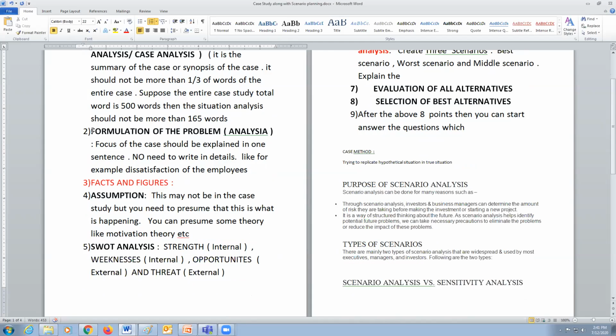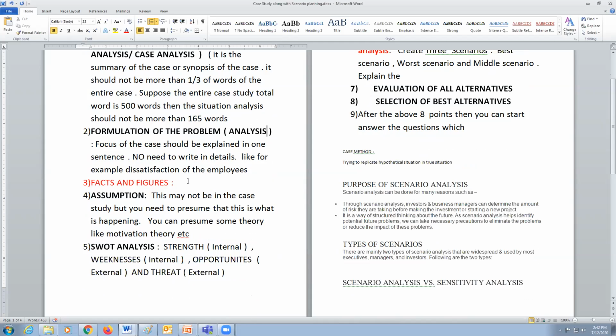Second step would be formulation of the problem, analysis. Now, the focus of the case should be explained in one sentence, only one sentence. No need to write in detail. For example, dissatisfaction of the employees. Third, facts and figures.